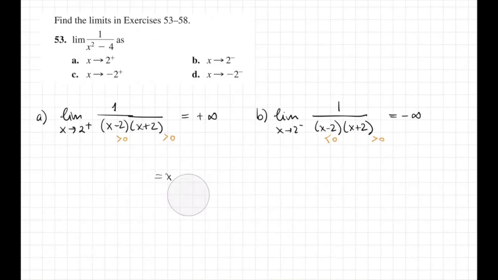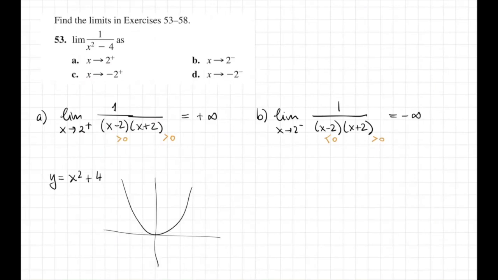So let's deal with this one. X squared plus 4. So this is x squared plus 4. Minus 4. So it looks like this. So here we have 2 and minus 2. And what about this one?